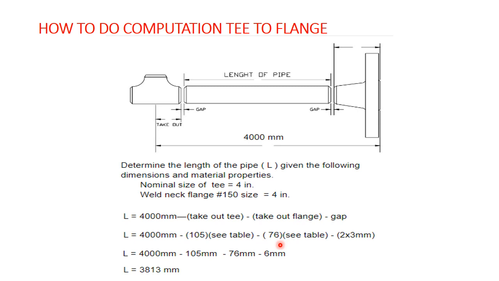I have uploaded it at the end of the video. 76 minus 2 into 3. We have 2 gaps, 1 gap here, 1 gap here, each gap is 3 millimeter, that's why it is multiplied by 2, equal to 4000 millimeter minus 105 millimeter minus 76 millimeter minus 6 millimeter.